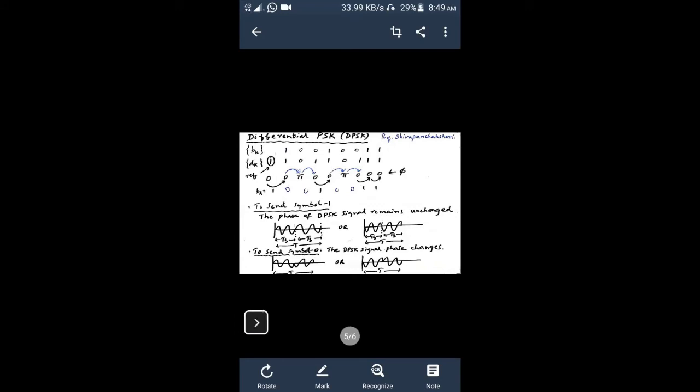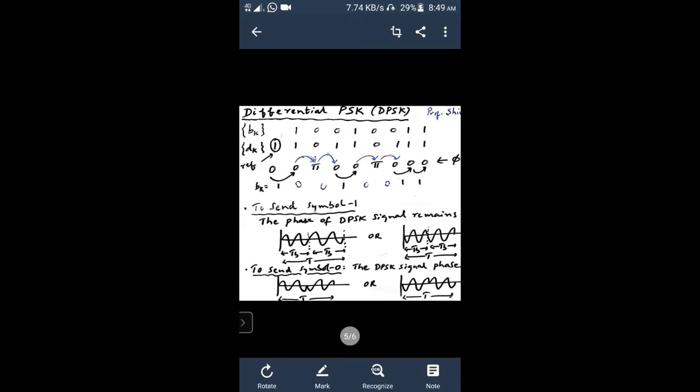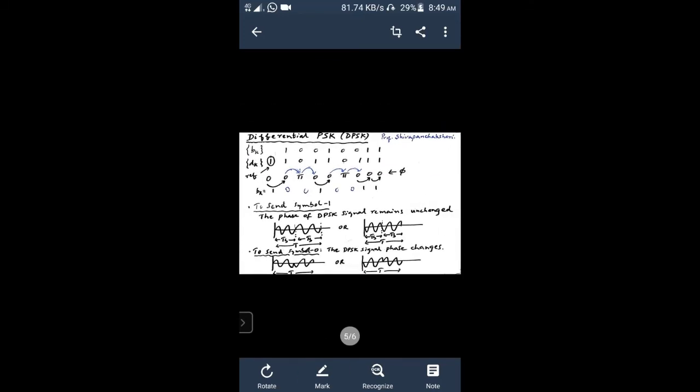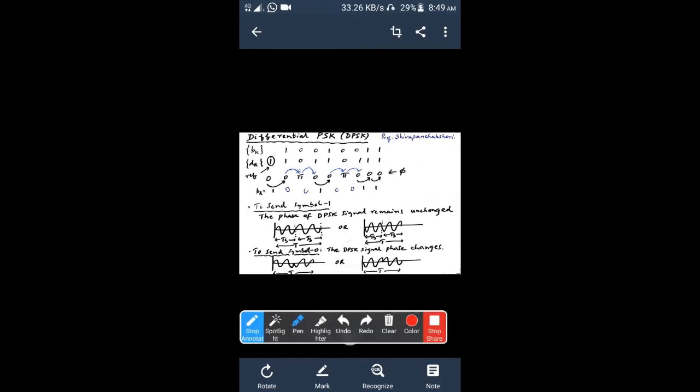So after converting BK to DK, what I told so far, I put on the slide once again here. Observe carefully. Go to the first part. When this DK minus 1 is 1, where does this DK minus 1 come from?